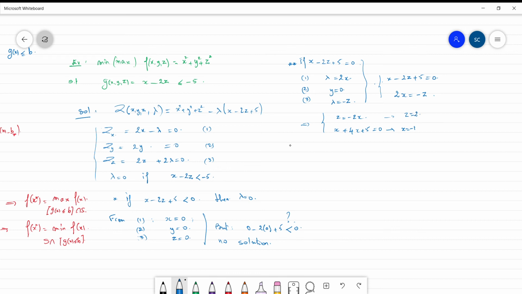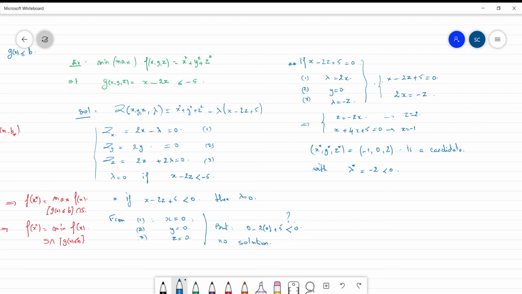So the candidate (x star, y star, z star) is the point (minus 1, 0, 2). Is it a candidate for a maximum? With lambda star equal to 2x, which is minus 2, so it is negative.